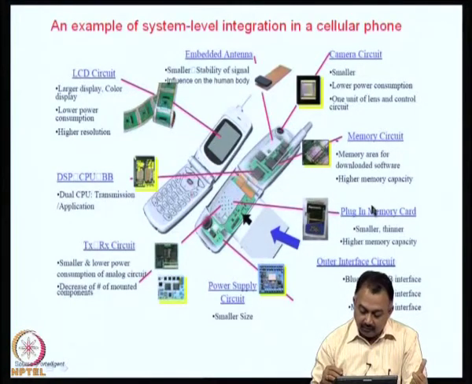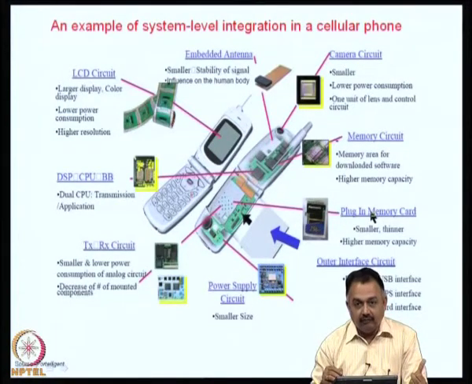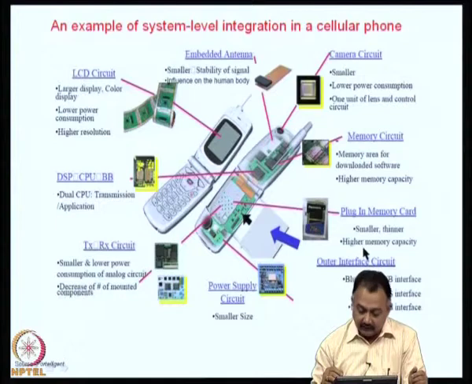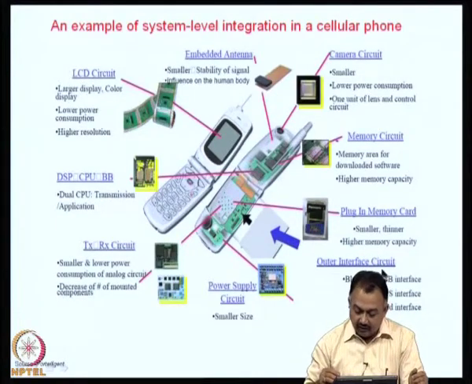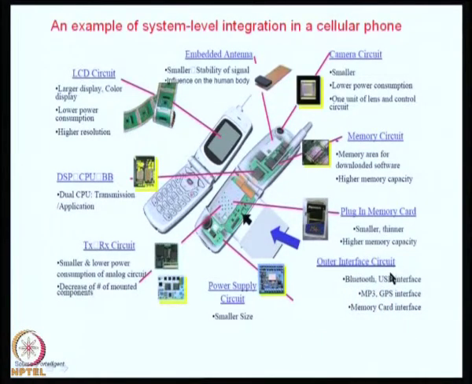Then there is a plug-in memory card for the mobile phone, which sits inside the mobile phone, and that also needs to have a higher memory capacity. Then you have the outer interface circuit like Bluetooth, USB interface, connecting to various other systems, MP3 player and so on.